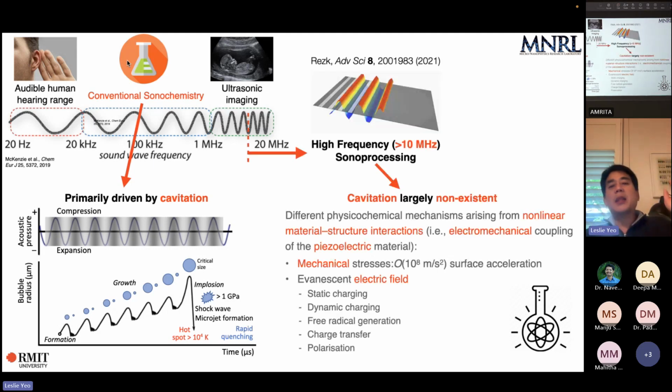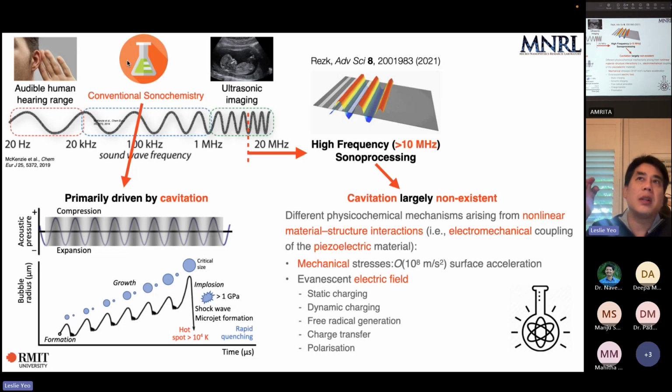However, at the frequencies we play around with, cavitation is pretty much non-existent. Okay, and that's because as you go up in frequency, you need more and more energy to create cavitation, right? And because our devices are so efficient, much more efficient than conventional ultrasound, we don't see cavitation at all.